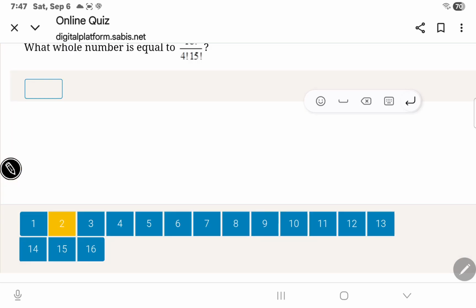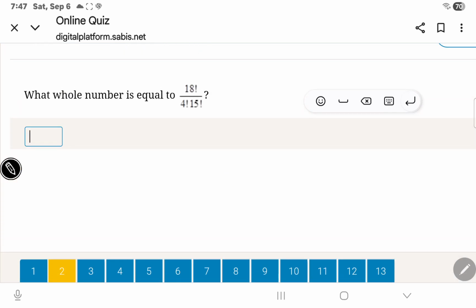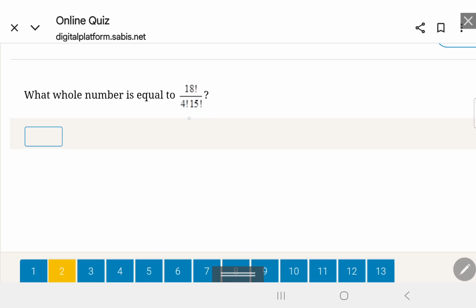Question number 2 now. What whole number is equal to this amount? In this case you have to do 18 factorial, which is 18 times 17 times 16 times 15 factorial.